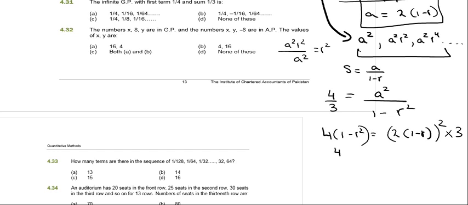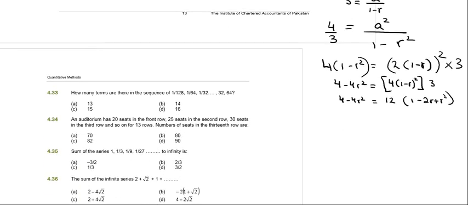So this will be 4 minus 4r squared is equal to, on the right hand side, 4 into (1 minus r) squared into 3. This will be 4 minus 4r squared is equal to 12, 4 into 3 is 12, and expanding the bracket, 1 squared minus 2 into 1 into r plus r squared.